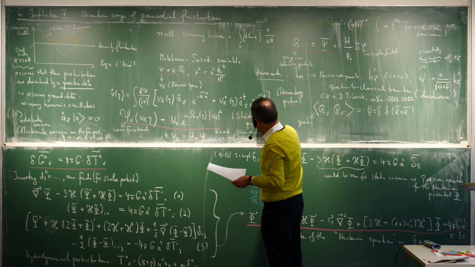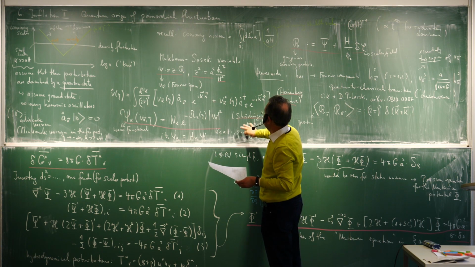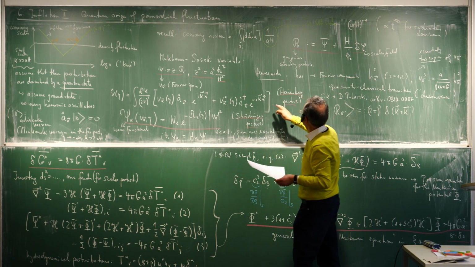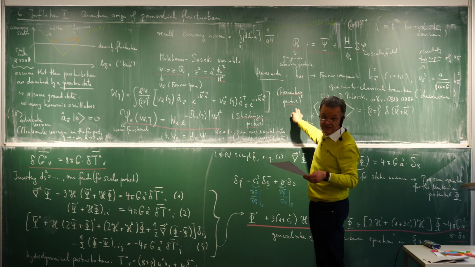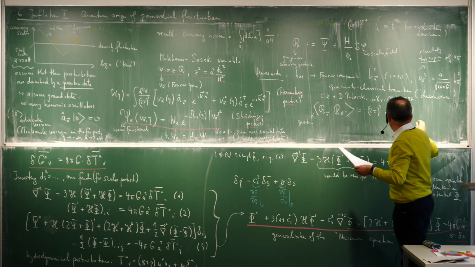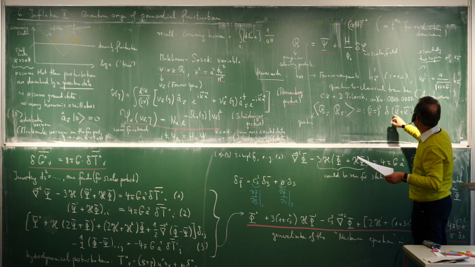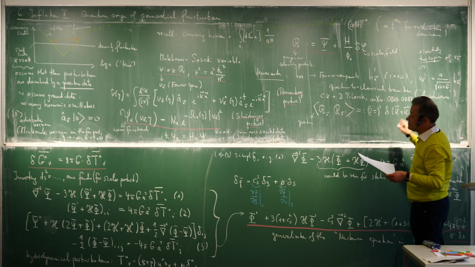I should say here, this two-mode squeezed state in the Schrödinger picture corresponds to particle creation in the Heisenberg picture. And the particles are created in pairs, and this is why k is equal to minus k prime.